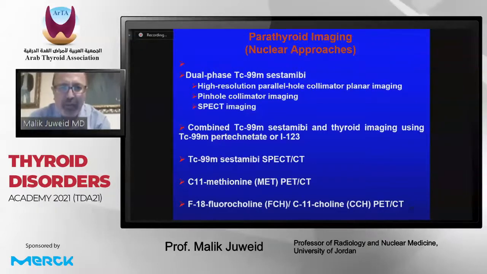And you can do pinhole collimator imaging, which will magnify the image and also result in high resolution, and SPECT imaging, single photon emission computed tomography, that's basically tomographic imaging. Then you have a combination of technetium-99m sestamibi with thyroid imaging with technetium pertechnetate or iodine 123. This is called dual tracer imaging.